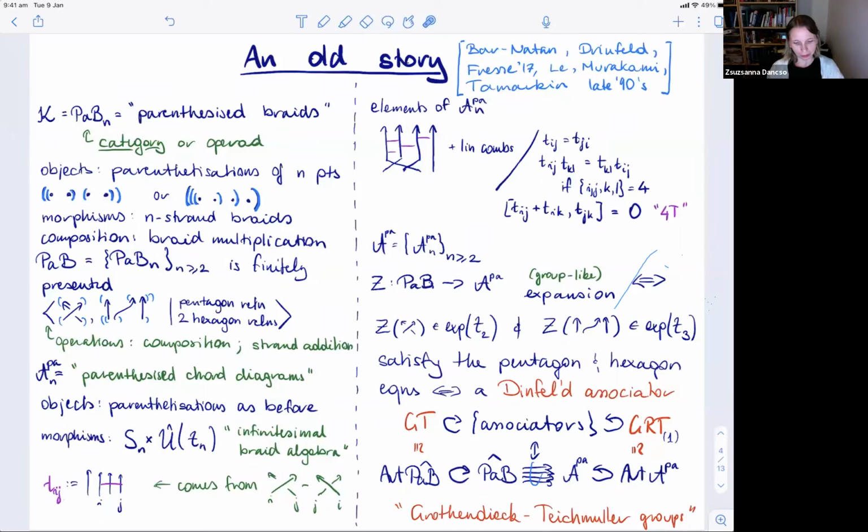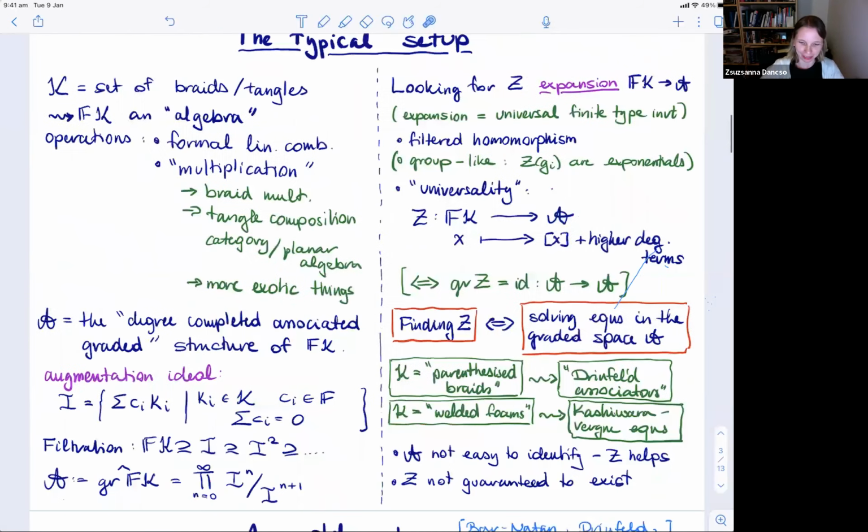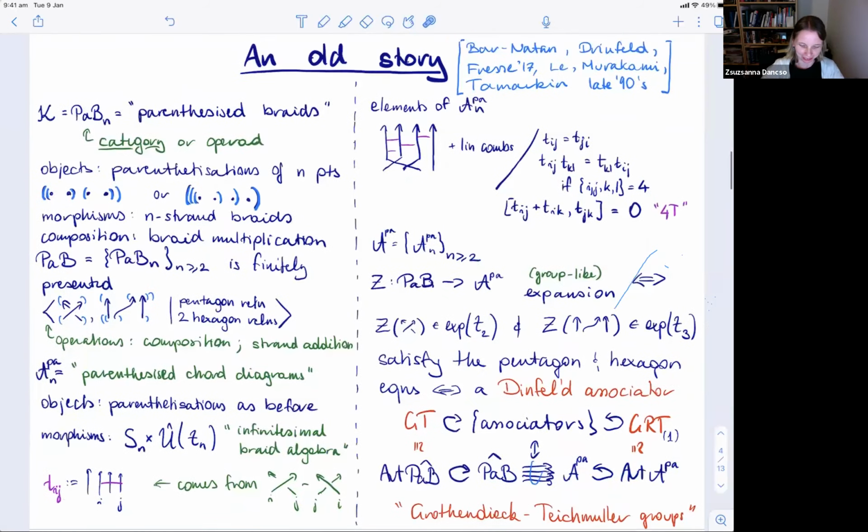Okay. So if we are just turning this through the machine that I told you about in full generality, you then have to think about the associated graded space of parenthesized braids, and that turns out to be a space of parenthesized chord diagrams.